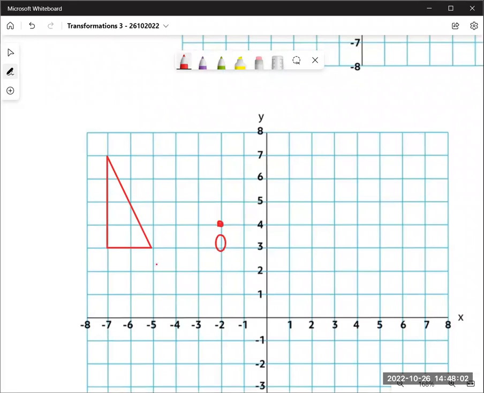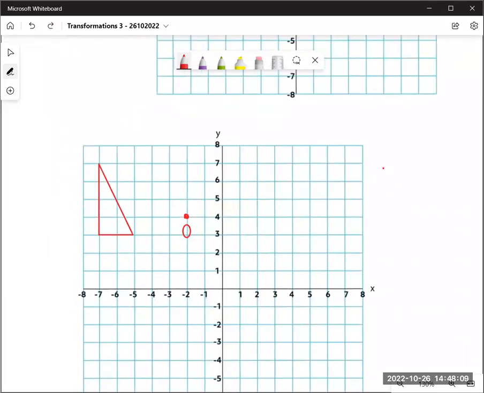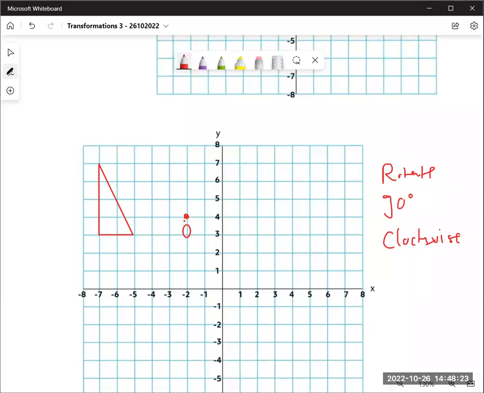It will always be given in the question. Now, the question is, rotate this shape 90 degrees. Usually it will be said that point O is the center of rotation. Rotate this shape with respect to that point right there. So how do we do it?